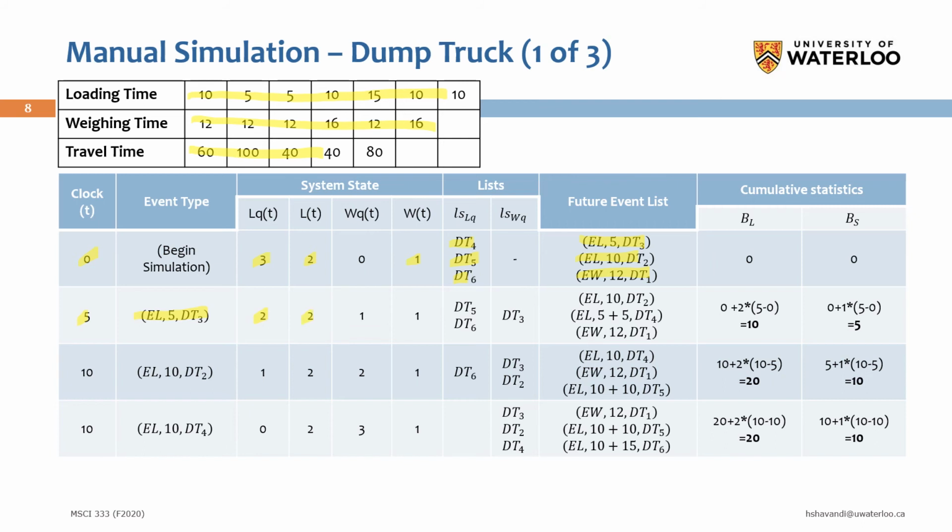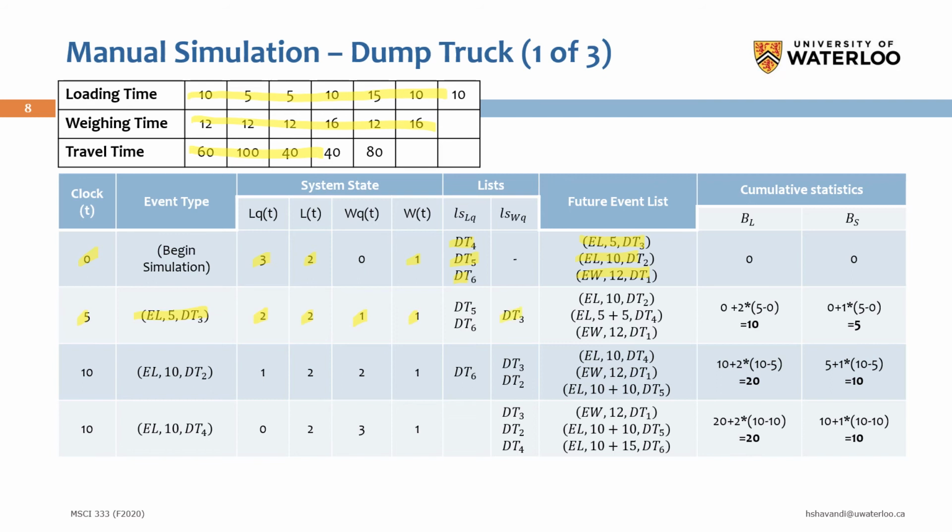I mean, both loaders are busy, and since the scale is busy, dump truck number 3 will be in the line for the scale. Okay, and WT is 1 as well. So yeah, and the list for the scale includes dump truck 3.